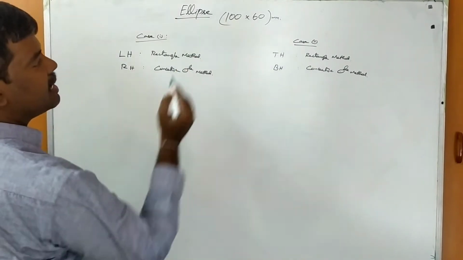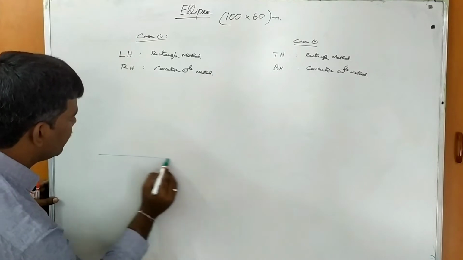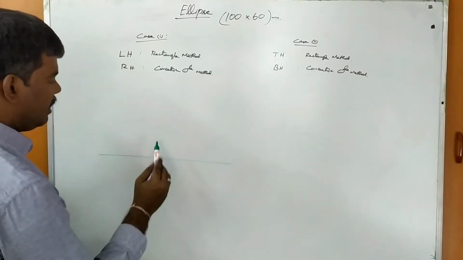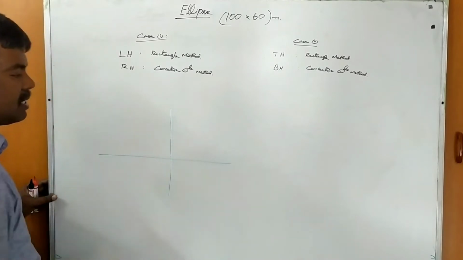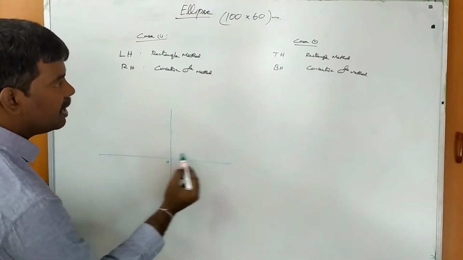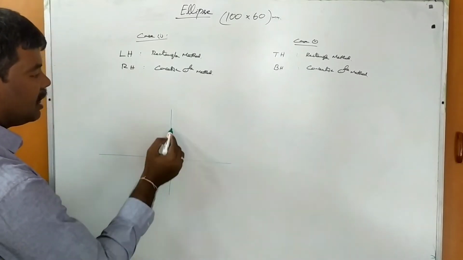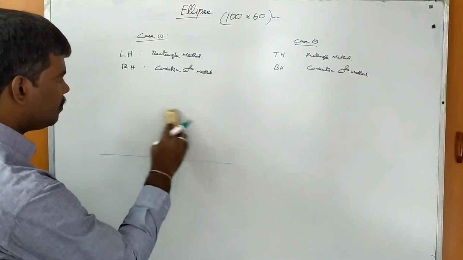Okay. So let us go for an example, the size 100 into 60. First you draw that 100 mm line, and at its midpoint, 50 distance, you draw the 60 mm line. So from the center, left side 50, right side 50, and from the center, top 30, bottom 30. Clear? That's one.